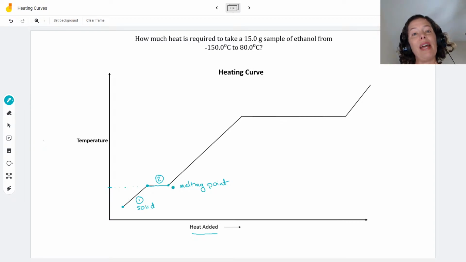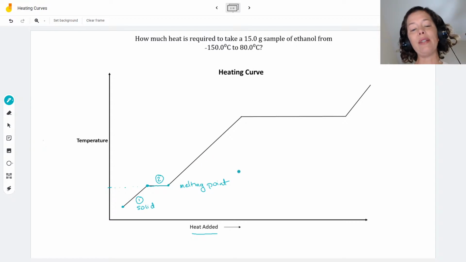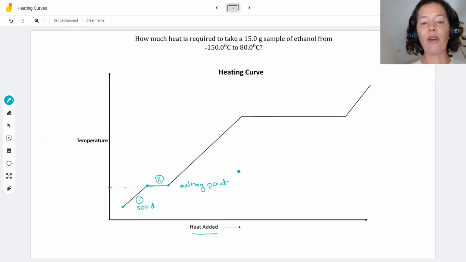Okay, so now we have another region of the curve where we're changing temperature. So you can probably guess what this is. So what we've got is we've had a solid, we've melted it. So this third part of the curve is where we have a liquid.